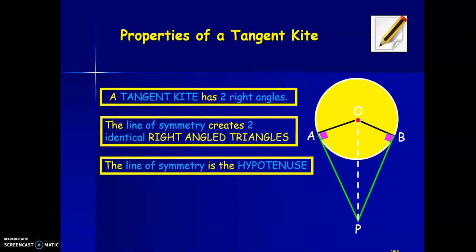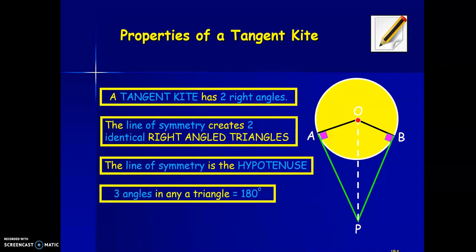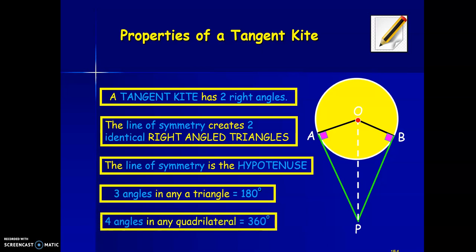The line of symmetry is therefore the hypotenuse of the right-angled triangles. Now, we need to remember that three angles in any triangle add up to 180 degrees, but also four angles in any quadrilateral equal 360 degrees. That makes sense because this quadrilateral is two triangles, so that's two 180s.